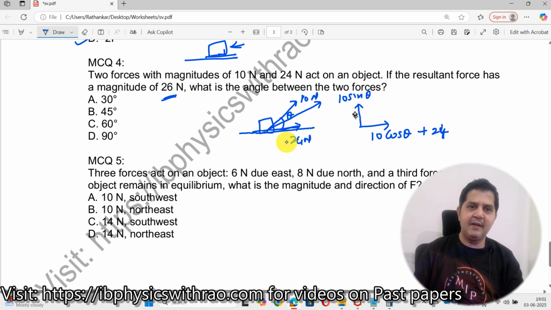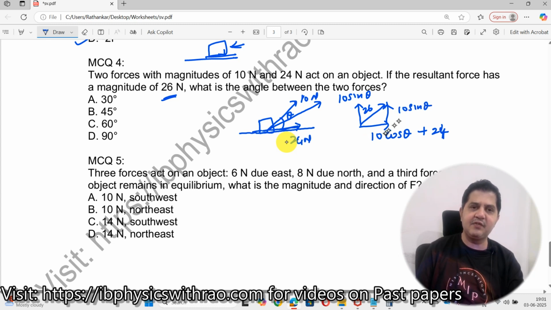Now I cannot directly use Pythagoras theorem over here, but if I use components like this, I can always use it. So I have two forces like this. The resultant of these two forces would be like this, whose value is equal to 26. So if this is 10 cos theta plus 24, this should be 10 sin theta.